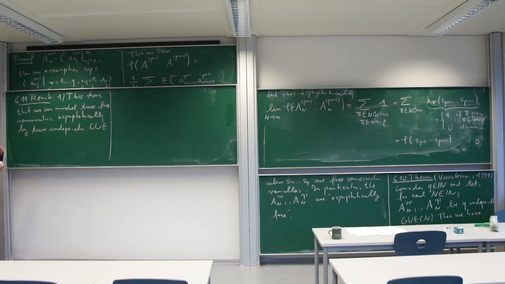Good. Okay. So this is quite some step because we have freeness. But on the other hand, it's still very special because you can only model semicircular distributions.